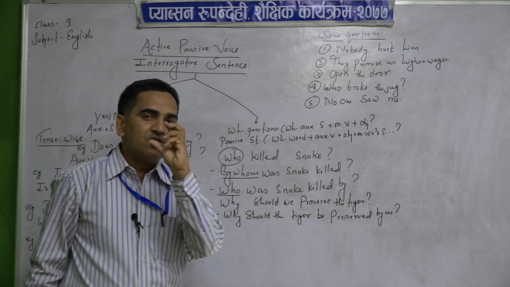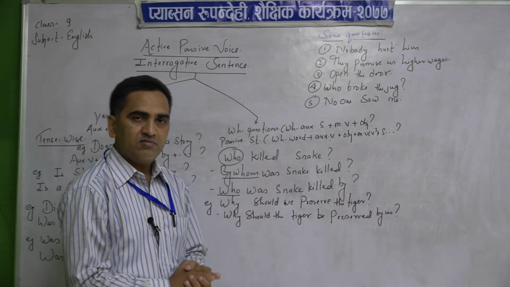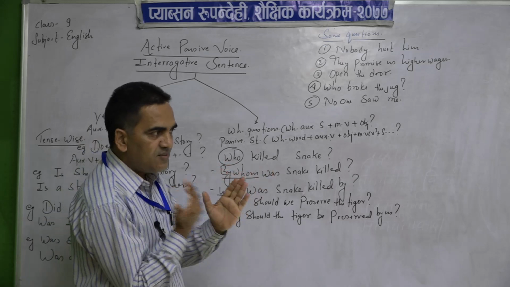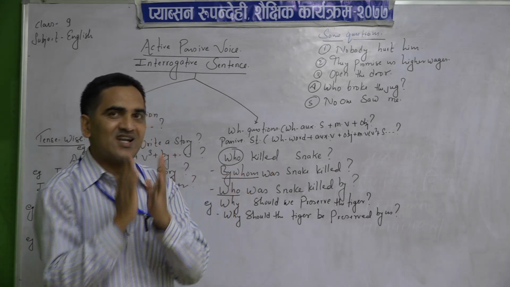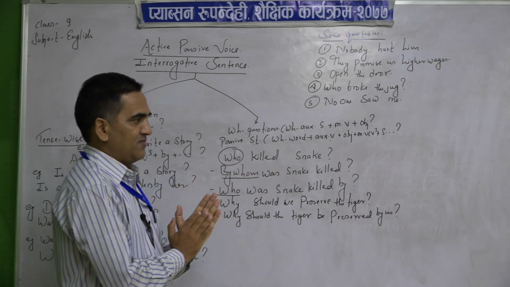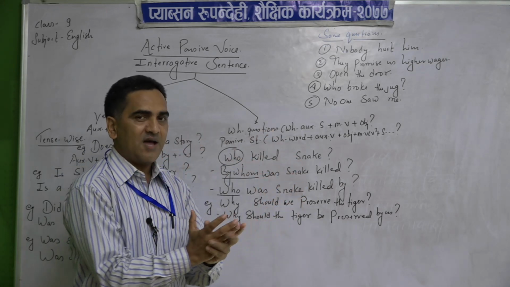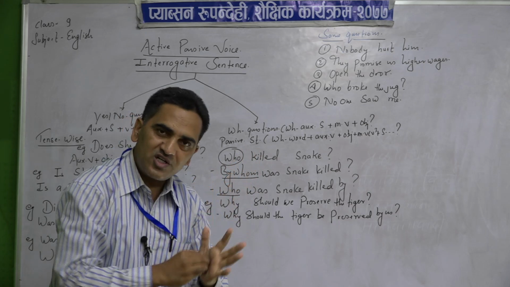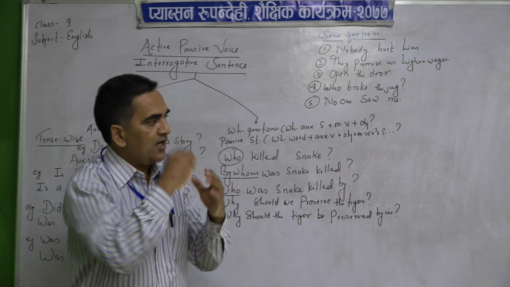So I will show you one question pattern, and you have to find out whether the sentence is active or passive. I will give you some examples. Now a mixed-up question: we have read assertive, imperative, interrogative.